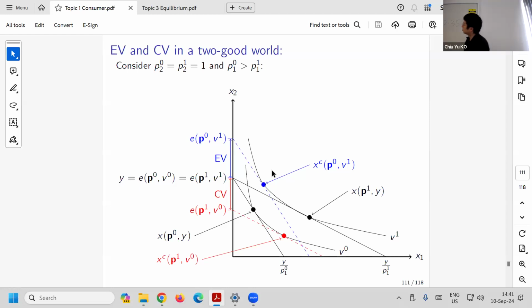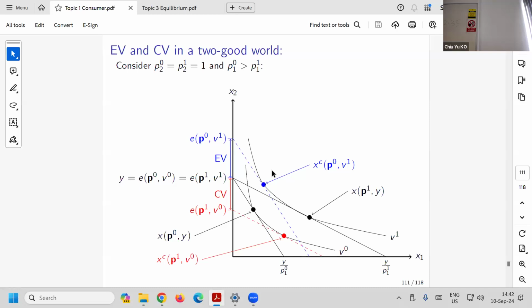Just to go back here, this is CV and this is EV. In general, they're different, and probably the problem is which one to use. And I argue that CS will be the best compromise. So let me repeat. CV in this case is looking at the old utility curve and the new prices, to see how to shift up.